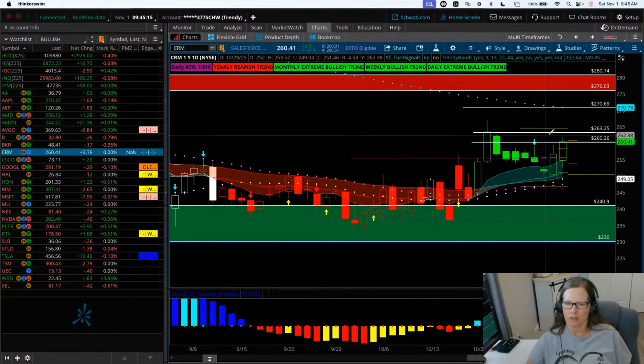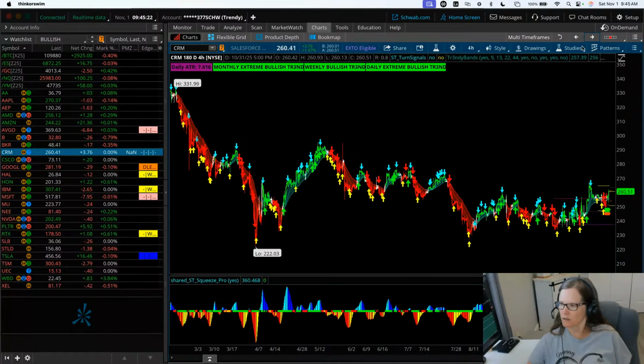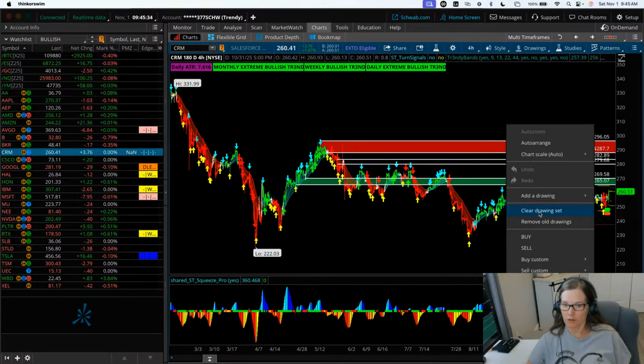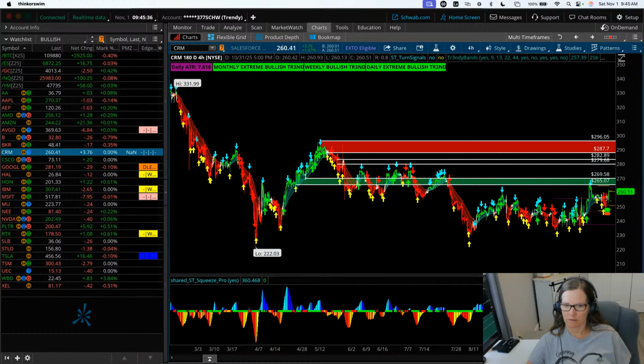All right. So this is a daily chart. Let's look at the 4 hour on Salesforce. Let me see what we got here. That's definitely old for sure. It worked until it didn't, and it definitely broke down.